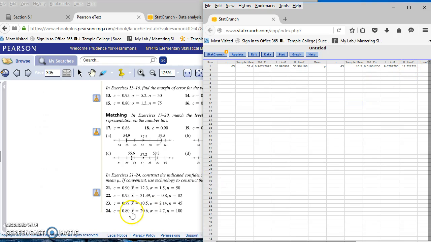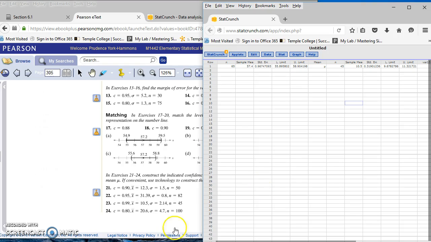11.32. So based on this 99%, for question 23, I'm 99% confident that the true population mean would lie between 9.68 and 11.32.